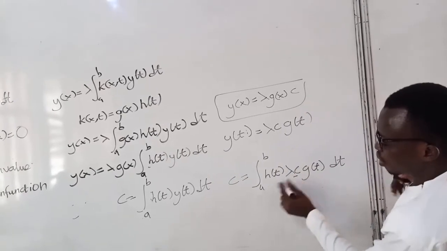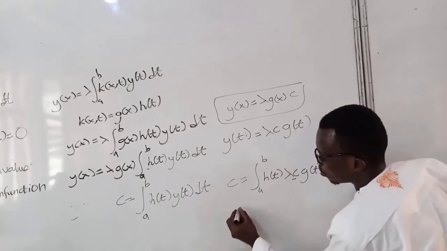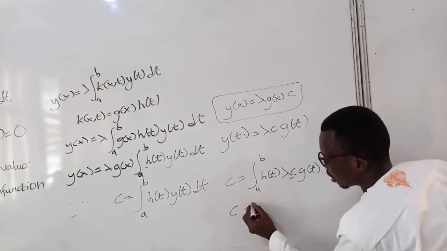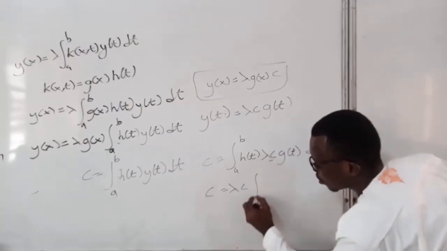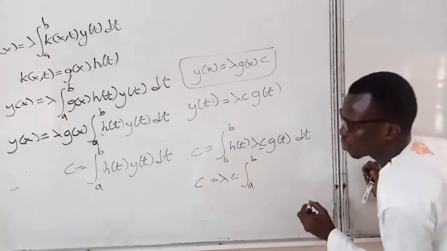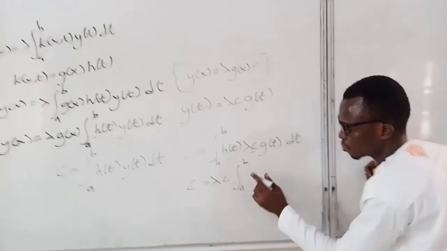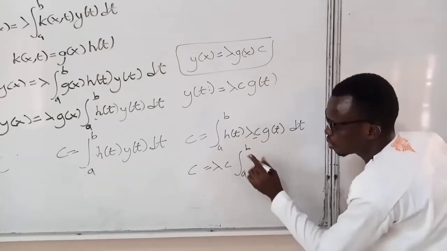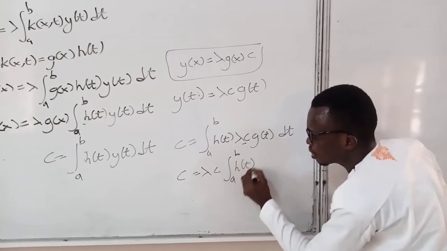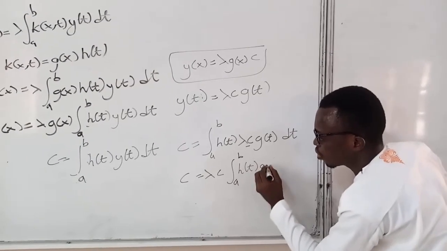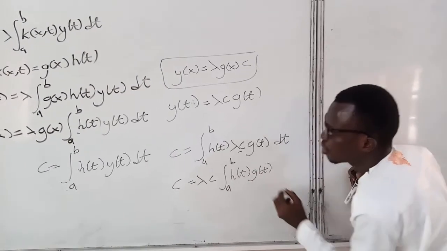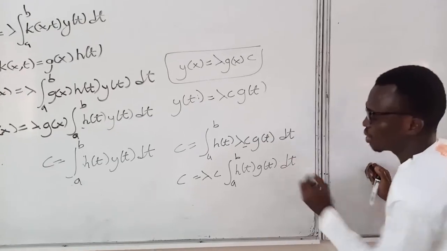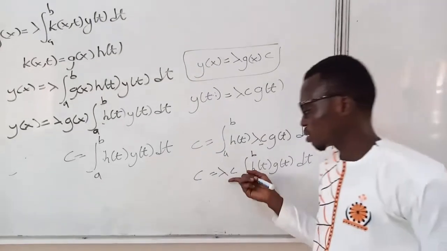Lambda c is a constant, so we can bring it outside. So c is equal to lambda c times the integral from a to b of h(t) g(t) dt.